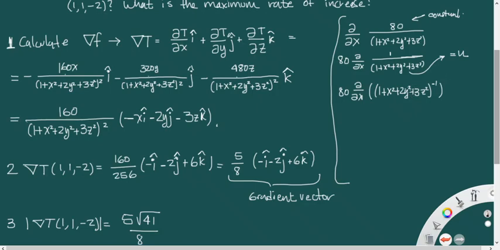So this is how we can get rid of this numerator and denominator. So we can change that with u. So that's going to be equal to u to the minus 1, which is this part, u to the minus 1. And this 80 is a constant, so we keep that on the left. And now we have this a little bit easier to deal with.